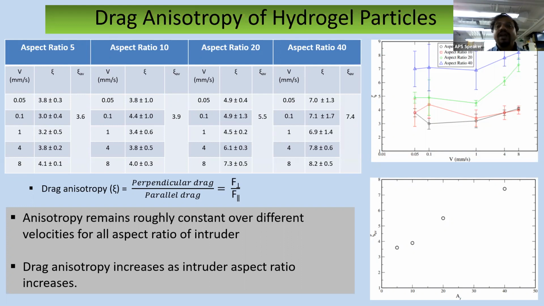So we can say that drag anisotropy is constant irrespective of the velocity which we have studied. But we found that this drag anisotropy changes with the aspect ratio. The drag anisotropy was found to increase as the aspect ratio of the cylinder increases.